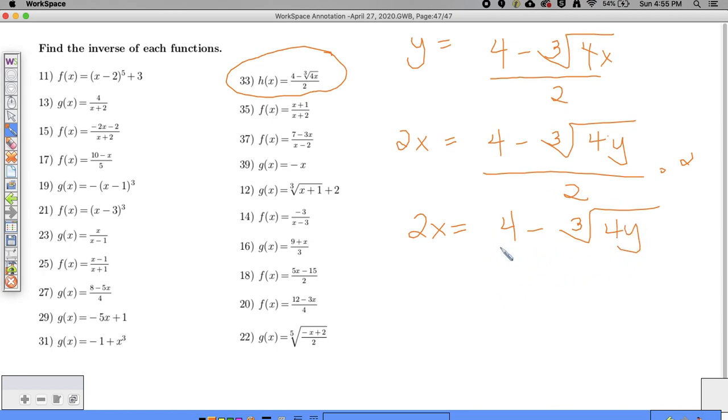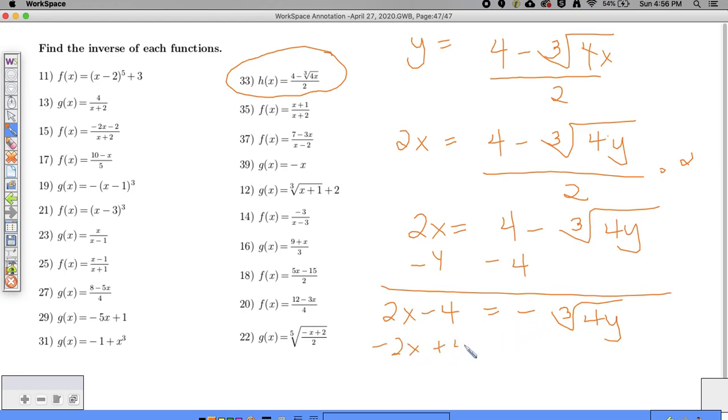Now again, we're trying to solve for y, so I hope in those beautiful minds of yours you're like, let's subtract 4 from both sides, and we get 2x minus 4 is equal to the negative of the cube root of 4y. Don't like the negative here, so you know what we're going to do? Yes, we are going to divide both sides by -1, so this becomes negative 2x plus 4 is equal to the cube root of 4y.